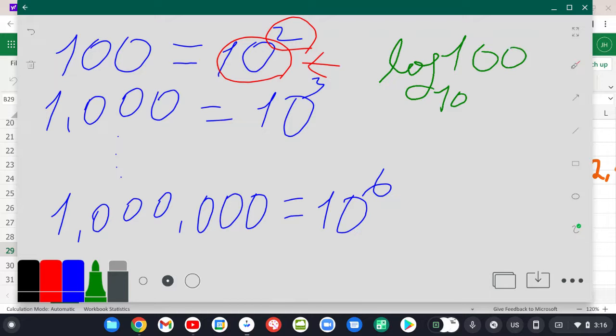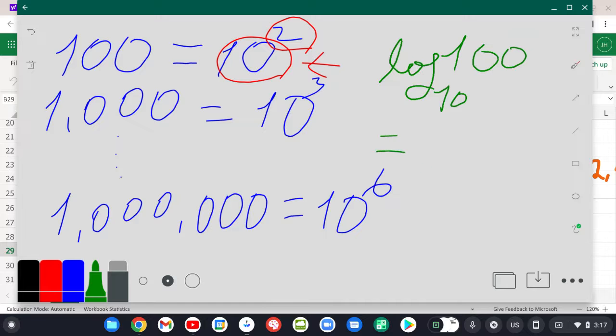Log of 100 to base 10. The way you read it, there are a couple of ways. One, base 10 log of 100, because it's log with the base of 10. Base 10 log of 100, or log of 100 to base 10.